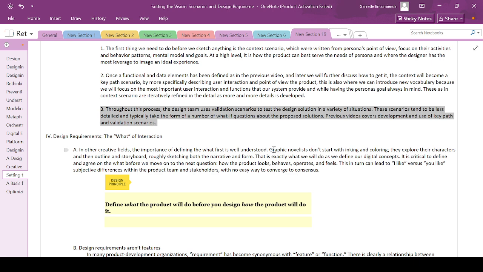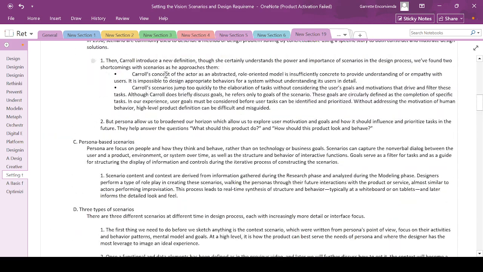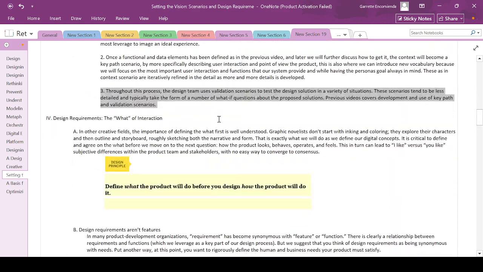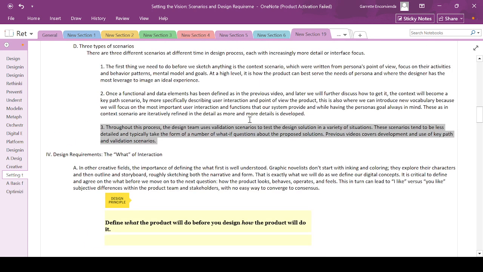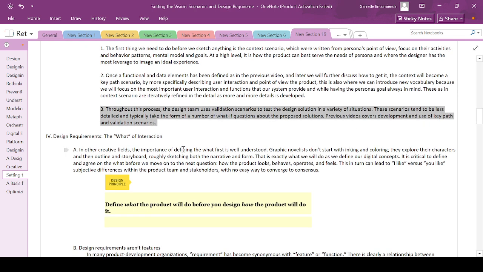And also if we focus on this list of requirements or use cases and these validation scenarios, we focus on task again, because we're trying to test it without really understanding what the customer functions are needed for that goal. So these scenarios tend to be less detailed and typically take the form of a number of what-if questions about the proposed solutions.